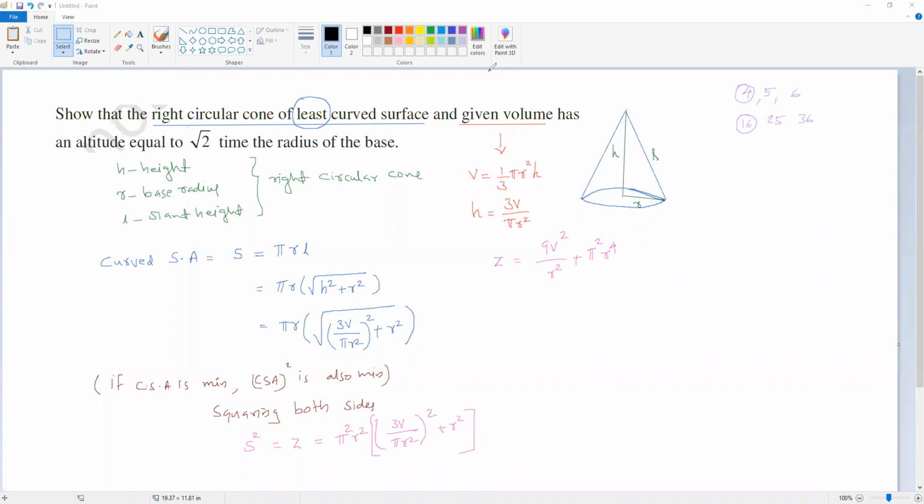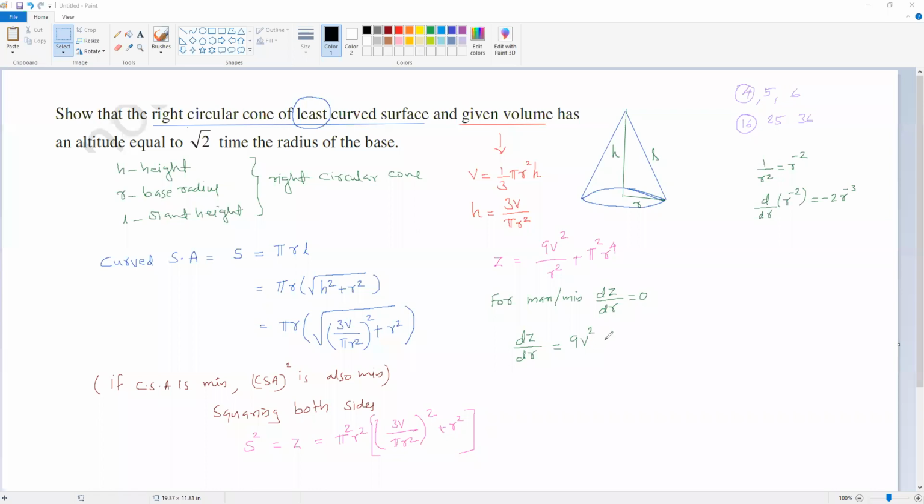Okay, so now for maxima and minima, the derivative should be 0, ds by dr is equal to 0. For that, first we have to find ds by dr. 9v square is constant, 1 by r square means r to the power -2. When you find the derivative d by dr of r to the power -2, x to the power n gives n into x to the power n minus 1, so -2 into r to the power -2 minus 1, so -3 comes.